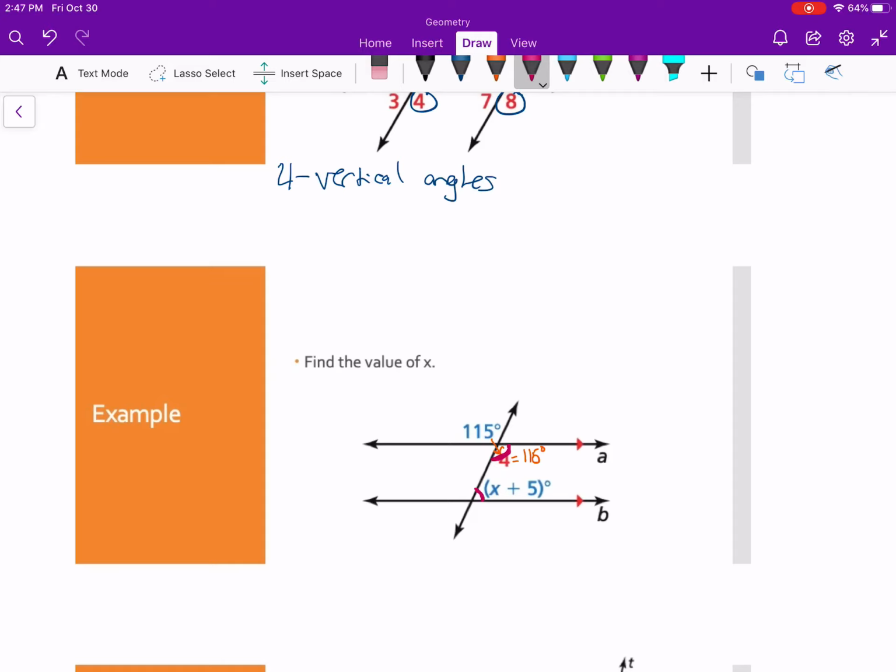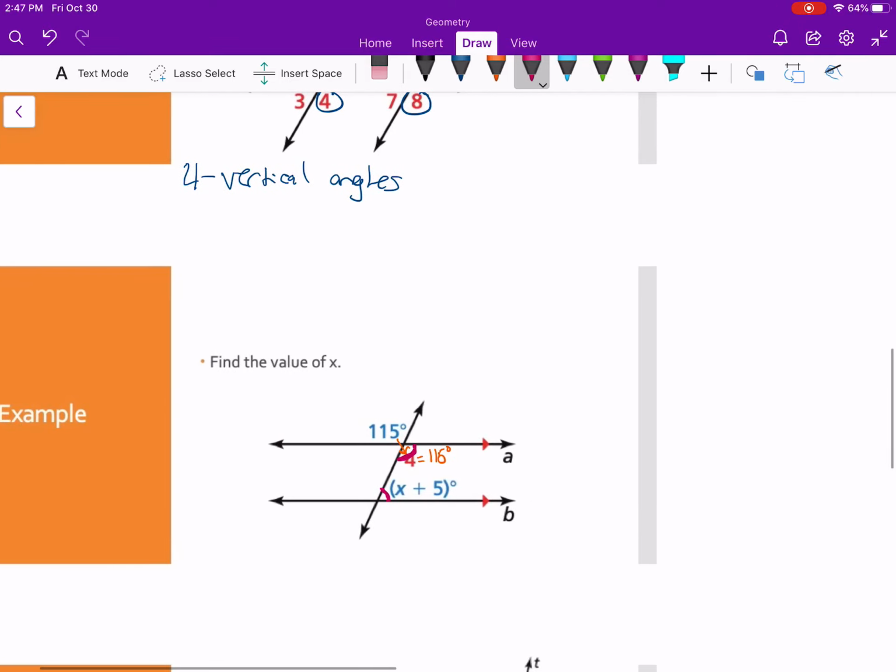Okay, so they're in between the two parallel lines on the same side of the transversal. They're consecutive interior, and I know that that means they add up to 180. So I can write an equation, 115 plus x plus 5 is equal to 180. So x plus 120 is 180, subtract 120, so we get x equals 60.